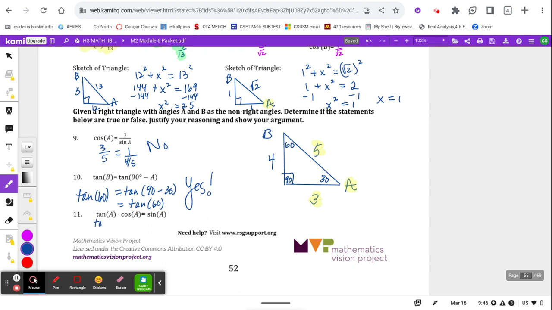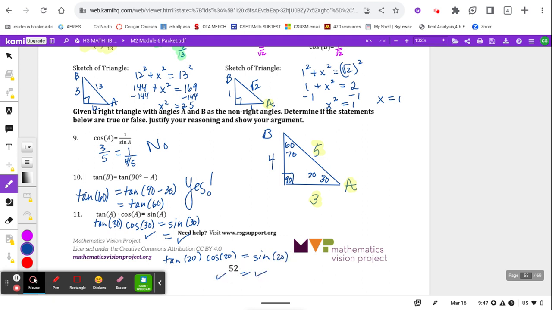All right, last but not least, tangent of A times cosine of A equals sine of A. With A being 30, if I multiply these out, I do get the same answer. And if I change these angles into 20 and 70, for example, and I do tangent of 20 times cosine of 20 equals the sine of 20, it still works.